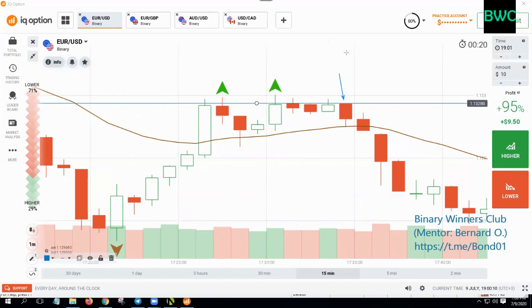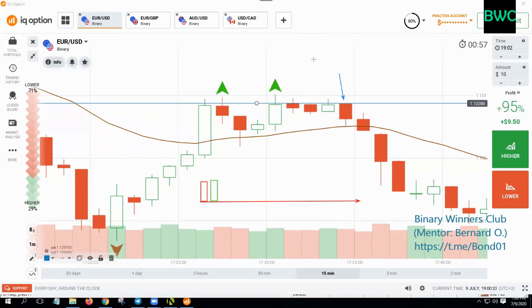In other words, what I'm explaining is this. Assuming you have a level somewhere here, and you will not spot the level until you have spotted the pattern. So you see a bear candle stop here. The next candle is green, starting from the same level with a small wick, goes up.